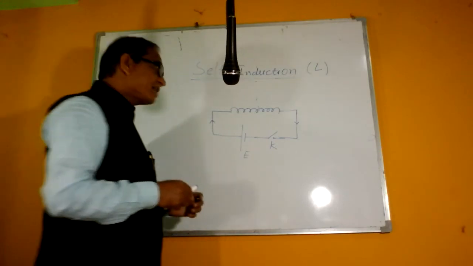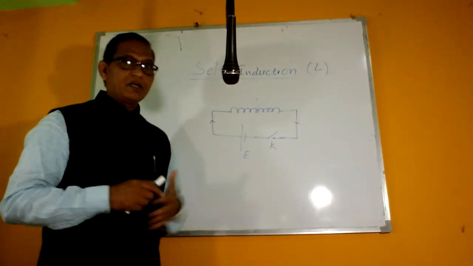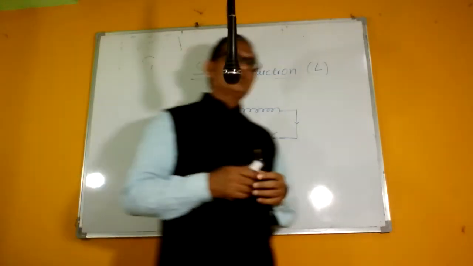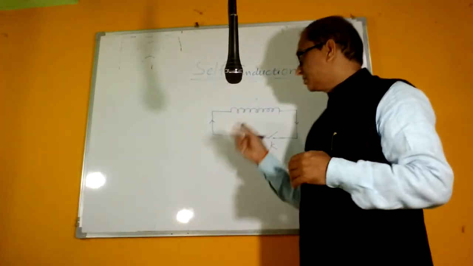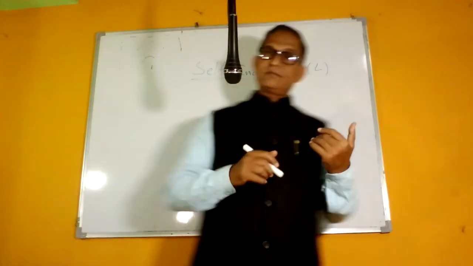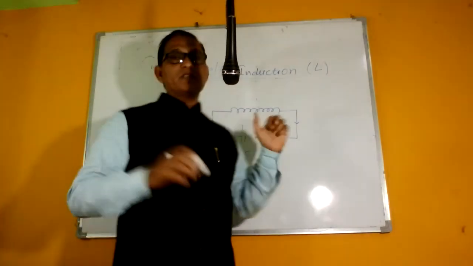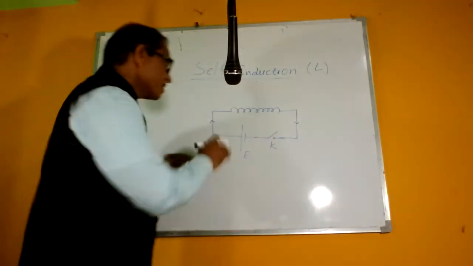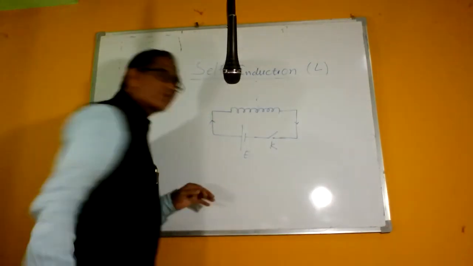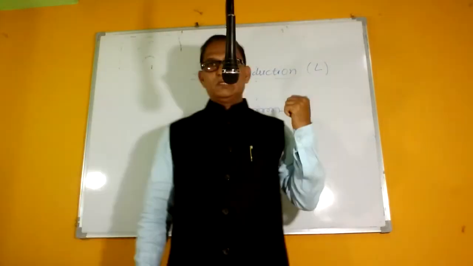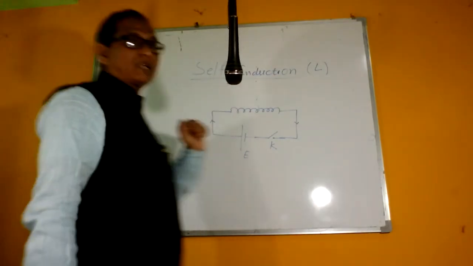The current will not suddenly increase. It will take a certain time to reach its steady state. As long as the current is changing in the circuit, the EMF produced in the coil is also changing until it reaches its maximum value. Then, if we remove the key, the circuit is broken, and again it will take a certain time for the current to collapse.